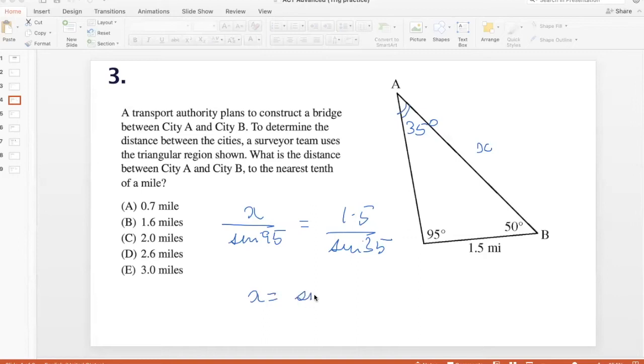So X would be sine of 95 degrees by sine of 35 degrees times 1.5. So this we can plug into the calculator. So this comes to 2.6 miles. So that would be option D.